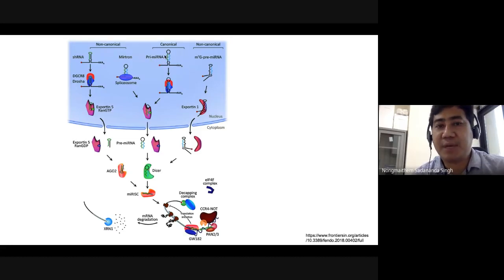And this primary microRNA is processed by enzymes, something like endonuclease. In this case, if you look here, it's mostly from Drosophila.